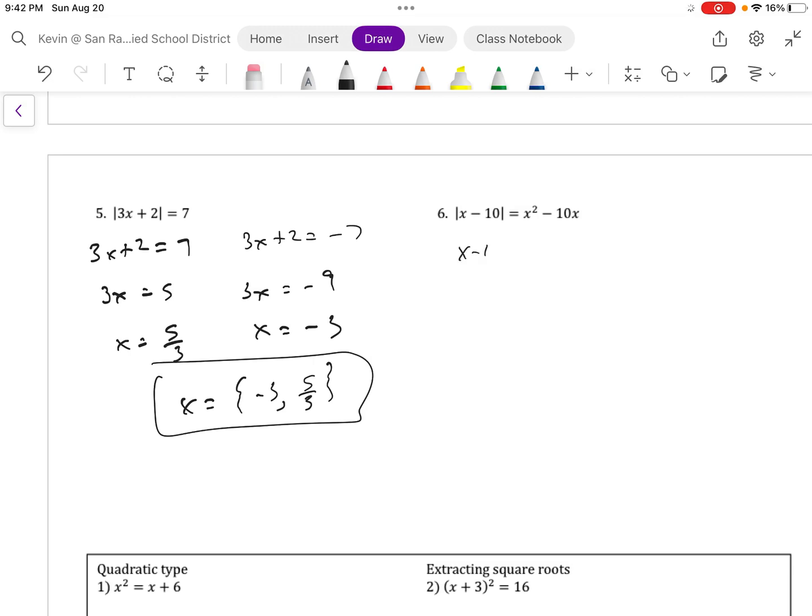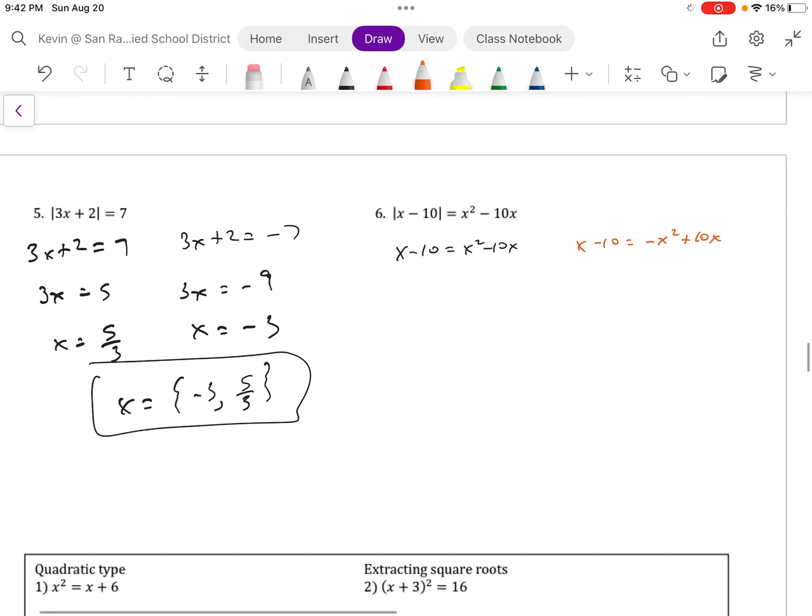Same idea. Yes, we have a negative x squared. I know I said not to do that, but just trust me. I'm going to move everything over here to keep my x squared positive. So I'm going to subtract x. I'm going to add 10.